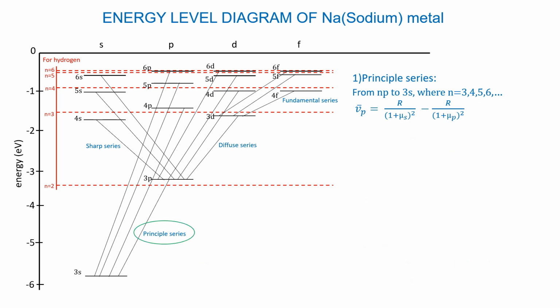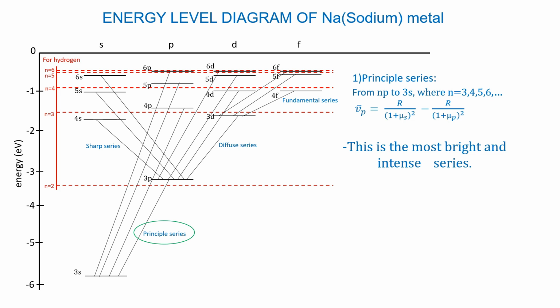Now in the principal series, all the electrons that are transiting from f to d and d to p and from 6s to 3p, all the electrons transiting from higher levels must come to the ground state, that is 3s.